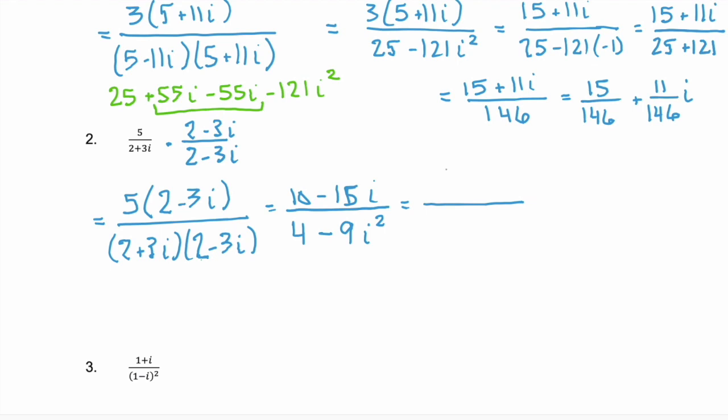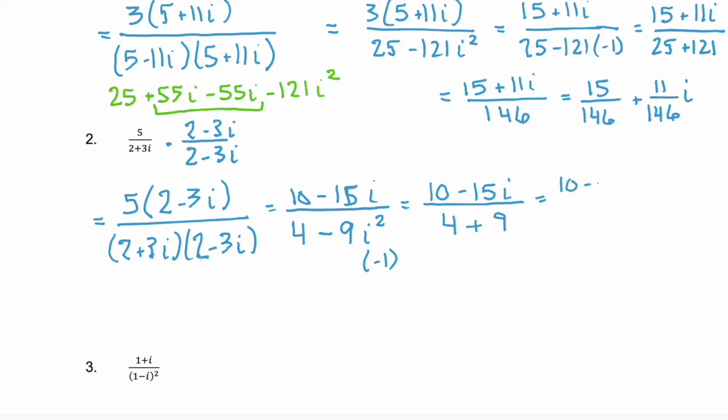Simplifying that i squared, our numerator stays the same. Our denominator is 4 plus 9, because the i squared is negative 1. So you can kind of just get rid of the i squared and change the sign of the real number component. Keep simplifying.